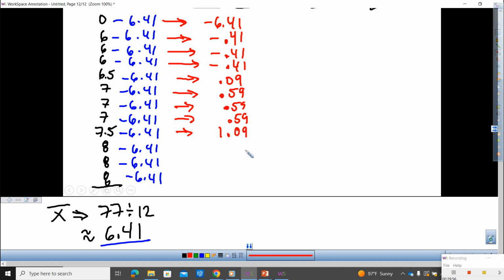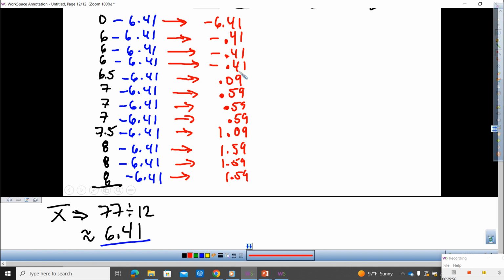Very good. Next, 8 minus 6.41 is 1.59. Looks about right. 3 times, 1.59.